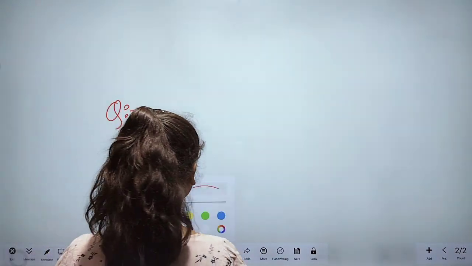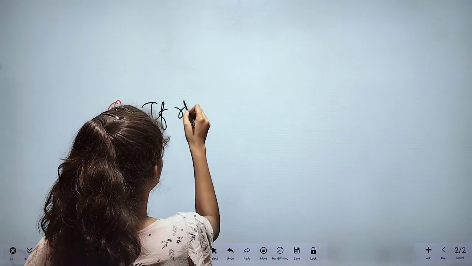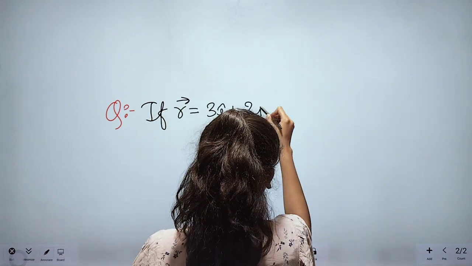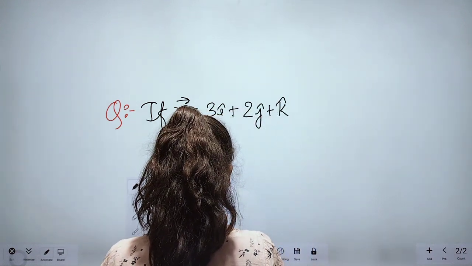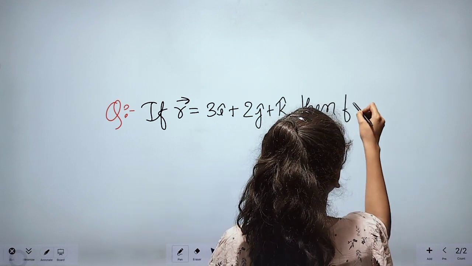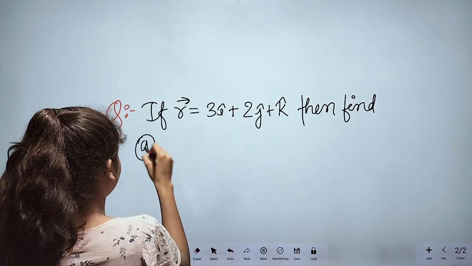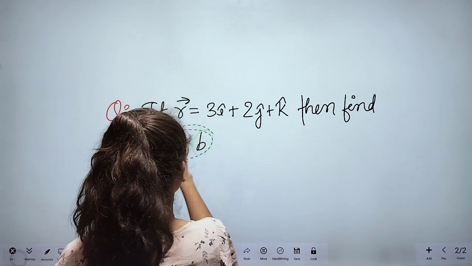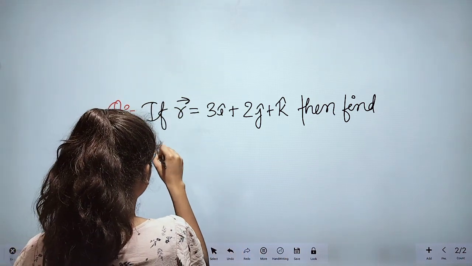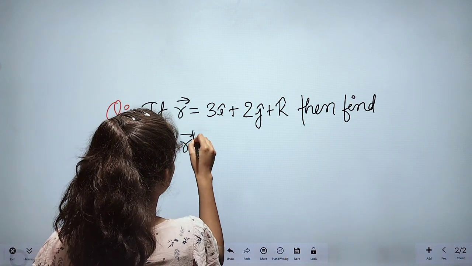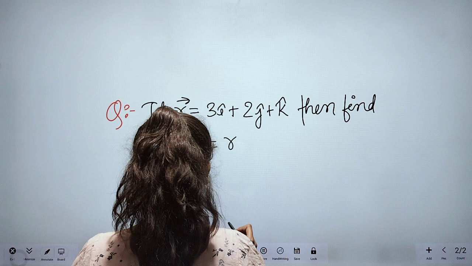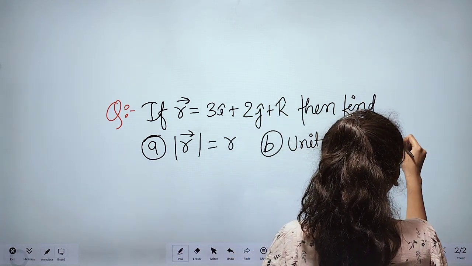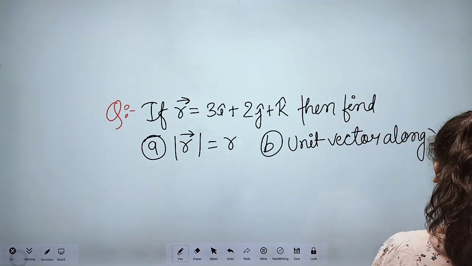Our first question is, if r vector is equal to 3 i cap plus 2 j cap plus k cap, then find a, r vector magnitude, that is r, and b, the unit vector along r vector.